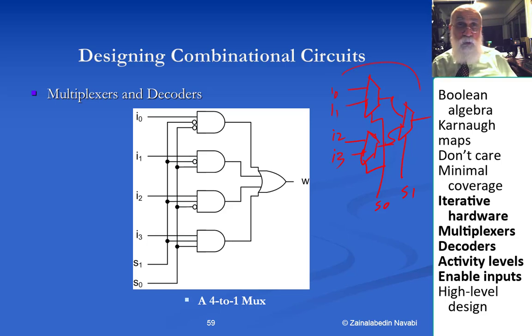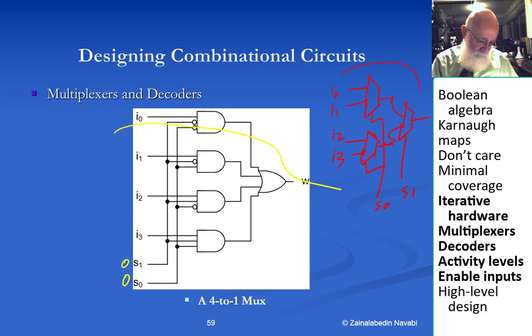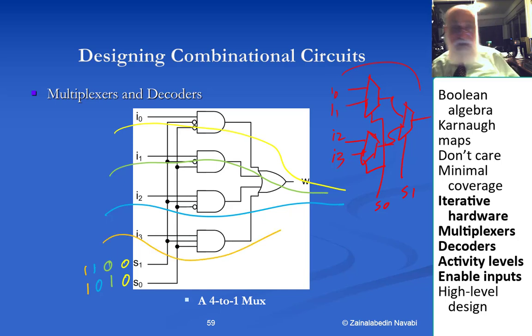This is using 2-to-1 multiplexer to come up with a 4-to-1 multiplexer. This is the same exact thing using AND gates and OR gates. If S1, S0 is 0, 0, I0 goes through; 0, 1, I1; 1, 0, I2; 1, 1, I3.